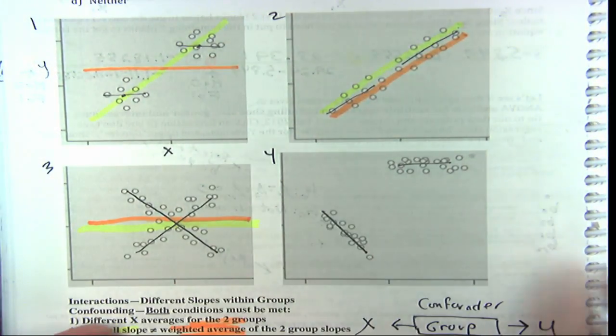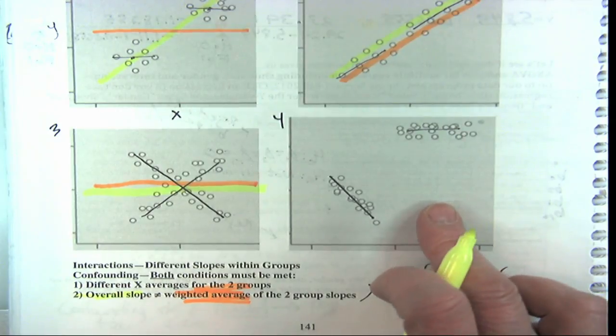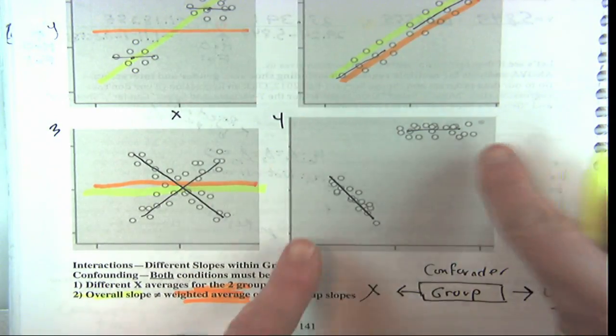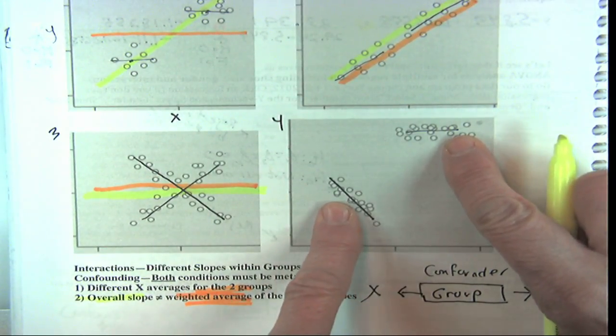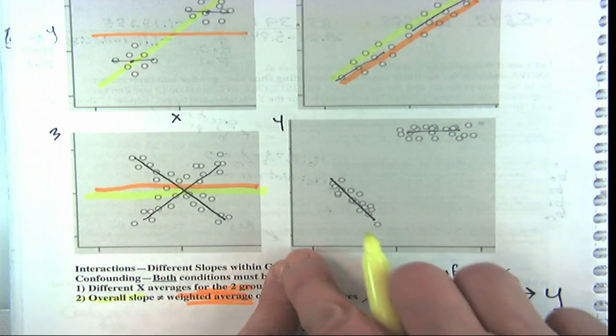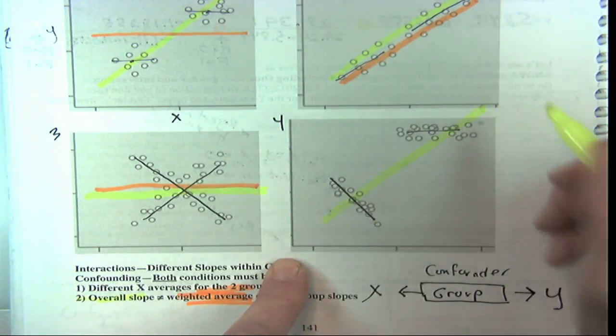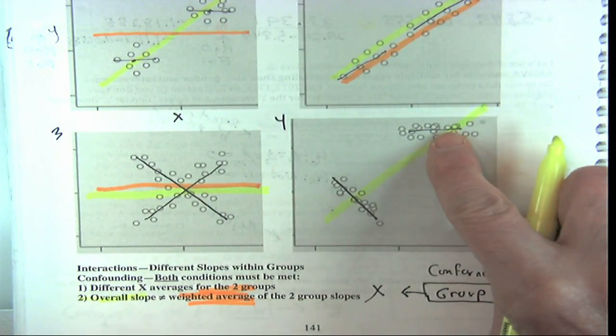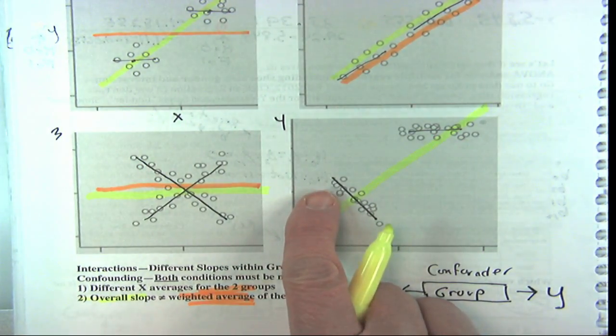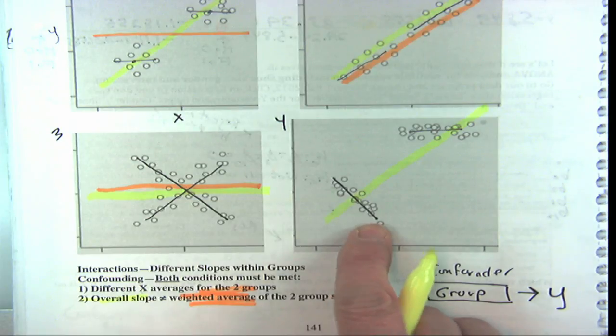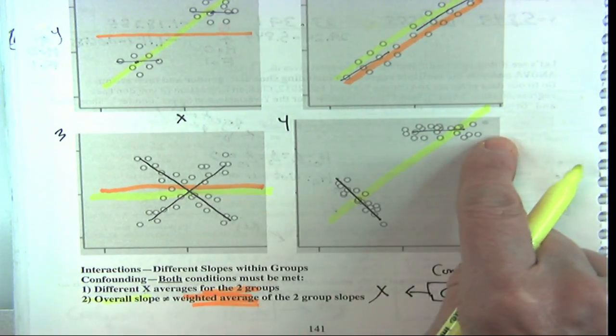Now this one, I think you could see that it has confounding, because look at this. The regression is going to look at this and say, okay, as x increases, so does y. It's going to give you a regression line kind of like that. Whereas it's completely bogus, because here it has a negative correlation within this group and nothing within this group.